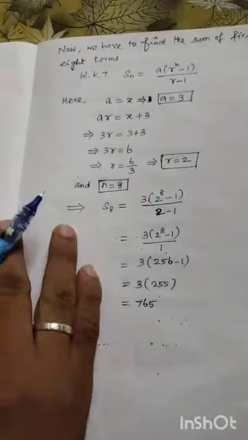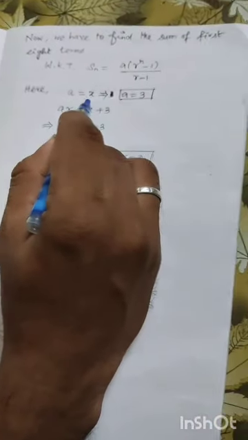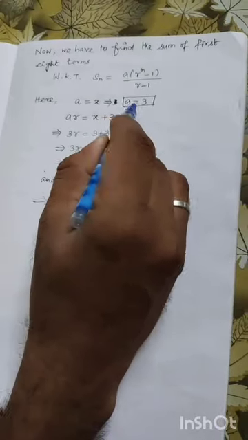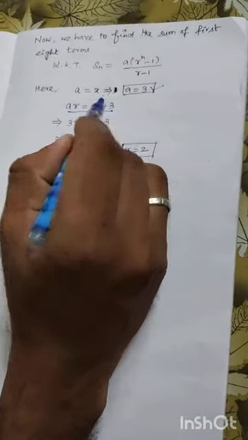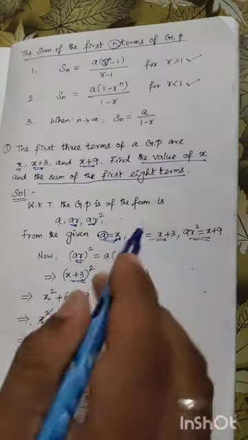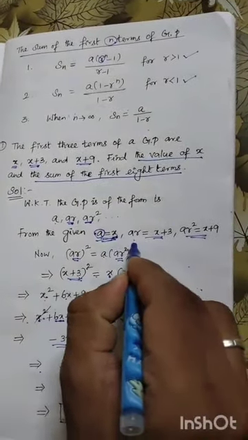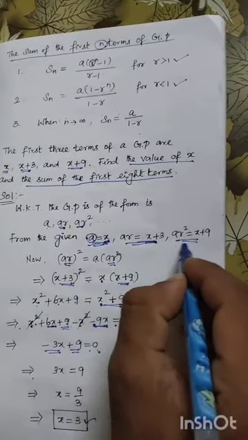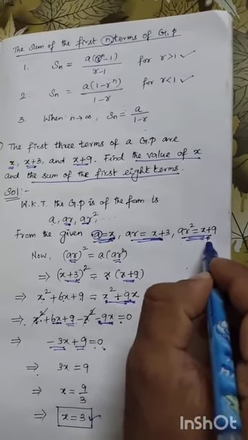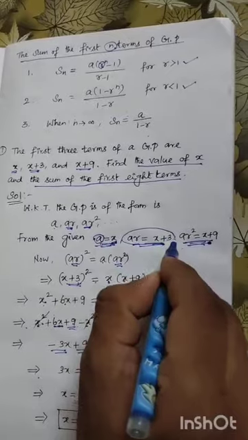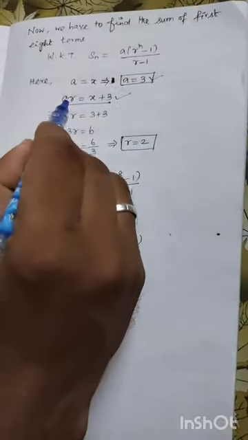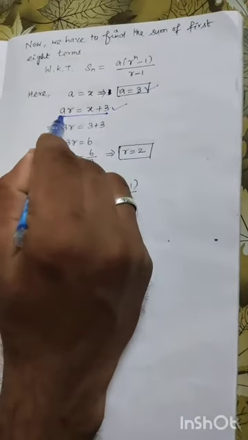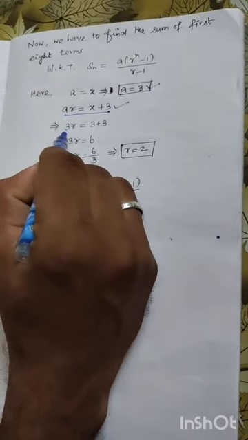We know that a is equal to x, which implies a equals 3, and ar is equal to x plus 3, and ar square is equal to x plus 9. So ar is equal to x plus 3. We have a as 3, so replace that value of a by 3 here.